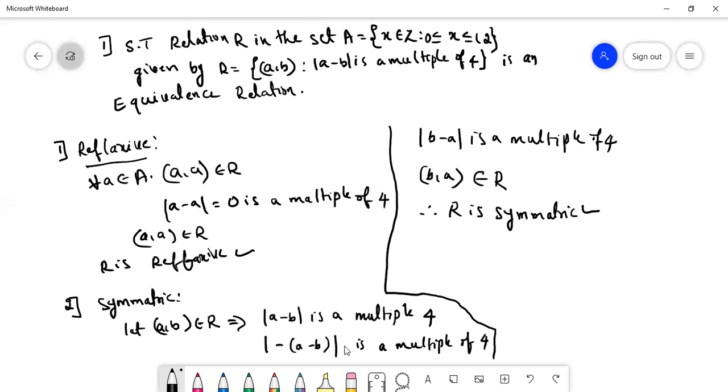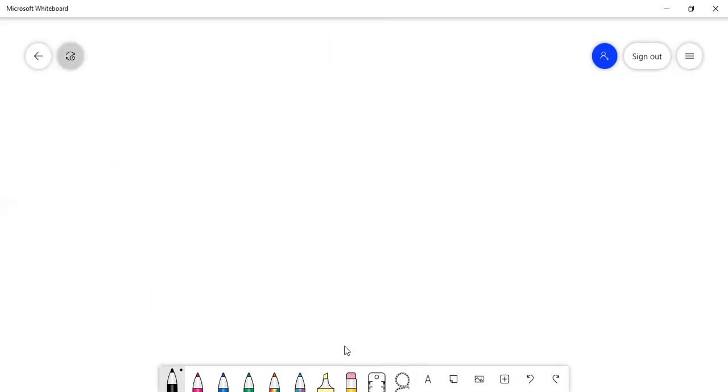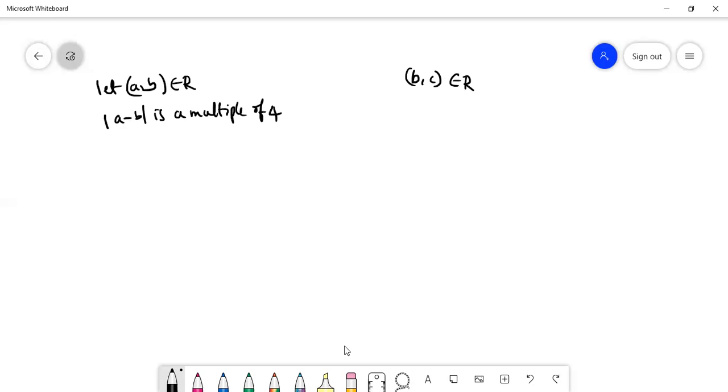Then we have to show whether R is transitive or not. Take two ordered pairs: (a, b) belongs to R and (b, c) belongs to R. Both are in the relation. Then |a − b| is a multiple of 4, and |b − c| is a multiple of 4. For example, 8 and 16 are multiples of 4; adding both gives 24, which is also a multiple of 4.